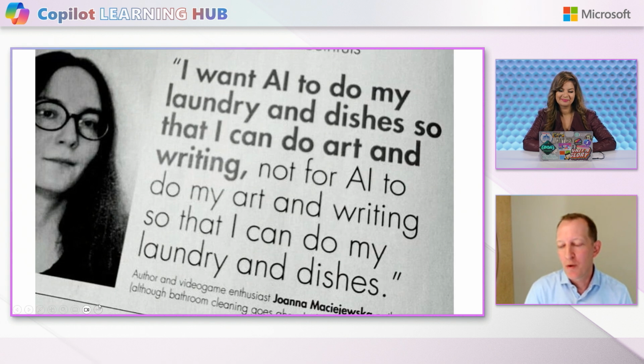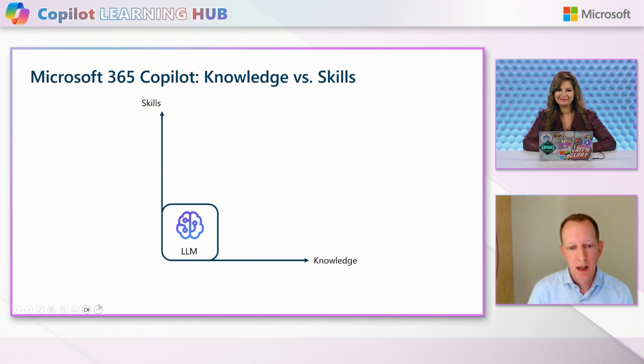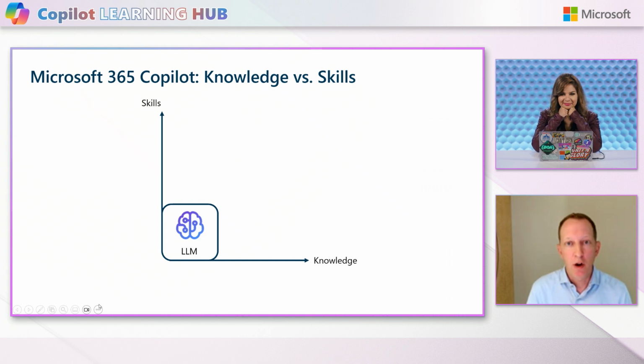Exactly, yeah. And I think one of the biggest pluses of Microsoft 365 Copilot is that extensibility is built in. We have had that for many years in SharePoint, in Teams, in Office 365 or Microsoft 365, so it's built in the platform. To visualize that, if you look at this graph, you have knowledge and skills. When you take a large language model off the shelf, like GPT-4, you just have the knowledge within the model.